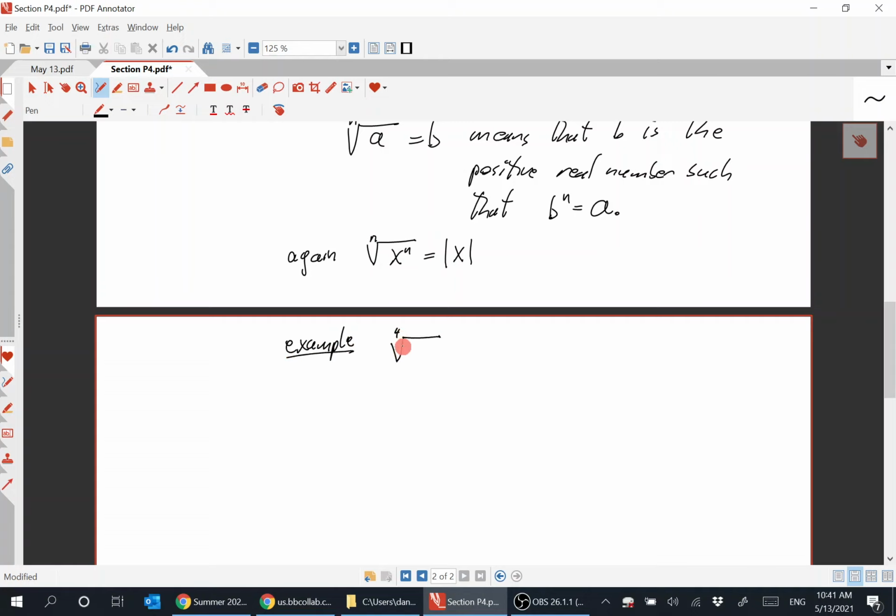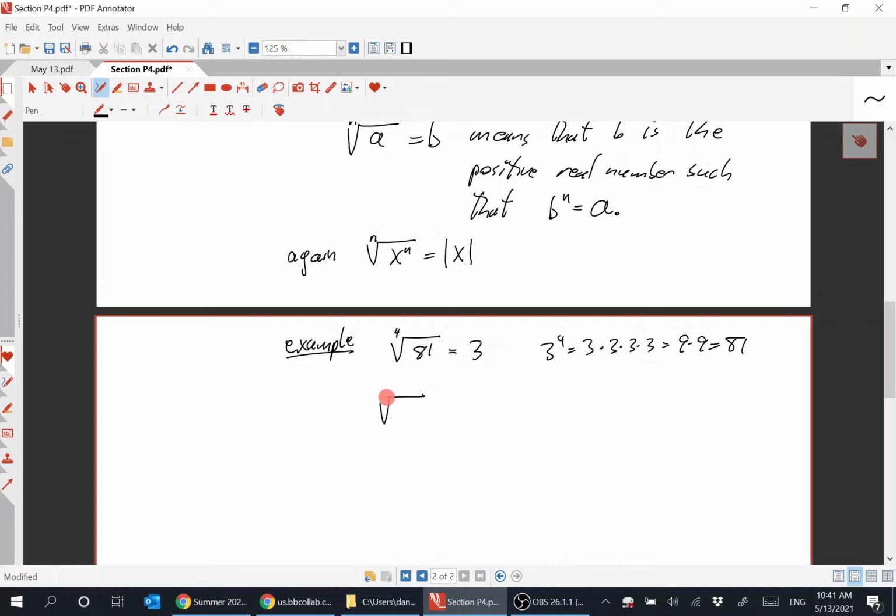The fourth root of 81. Well, 81 is 3 to the fourth power. It's 3 times 3 times 3 times 3, which is 9 times 9, which we know to be 81.